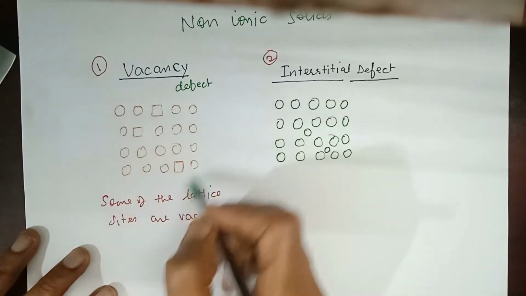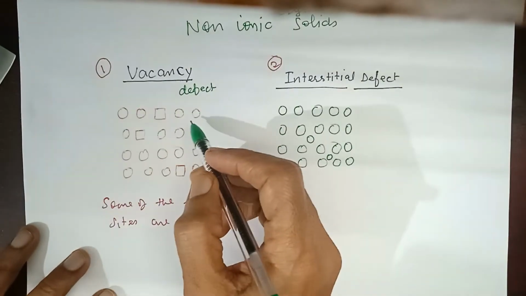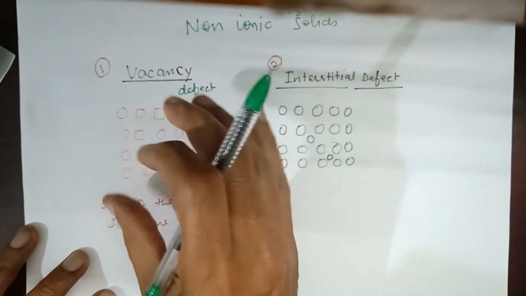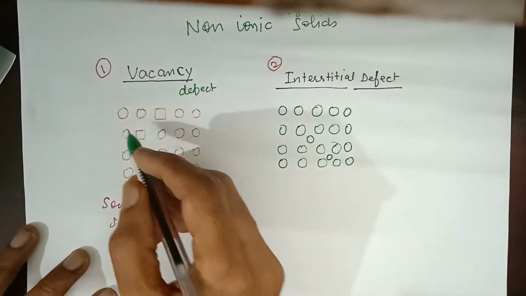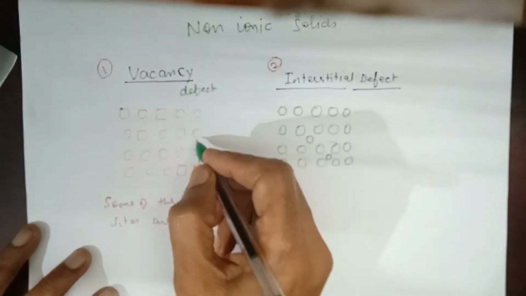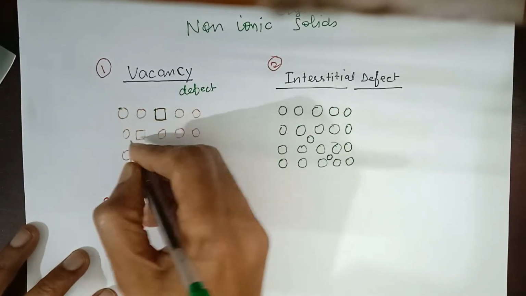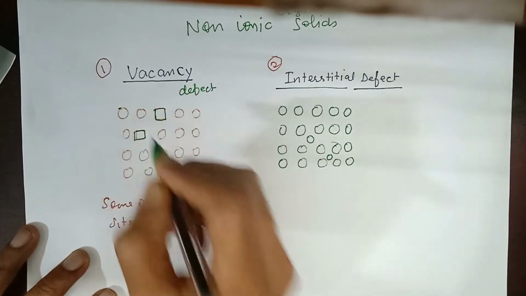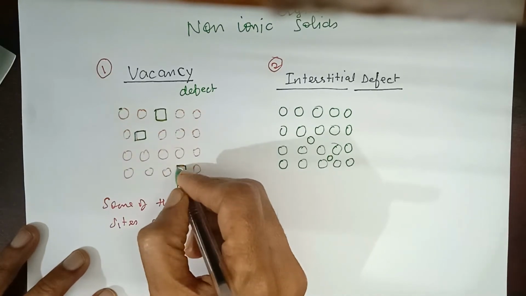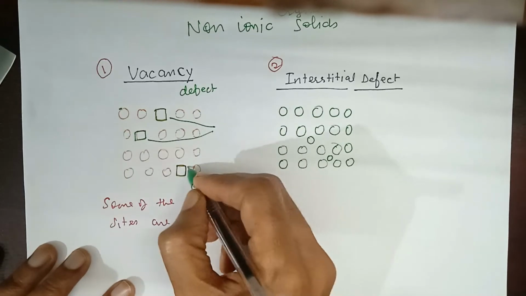See, this is the diagram. This is a broad diagram, not actual, but it is for explanation. These are the particles, atoms which are arranged in the crystal, but these are the sites where the constituent particles are missing. So these are the vacancies.